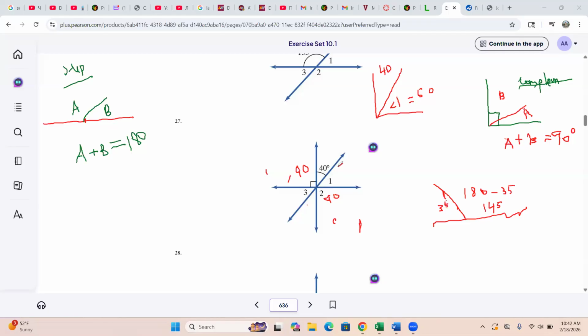Angle 1. And then notice angle 3 is its opposite again, and it's also the same measure of 50. So the point is, do not hurry. Try to pick on one of these angles and everything will just move on little by little and you will get the rest.